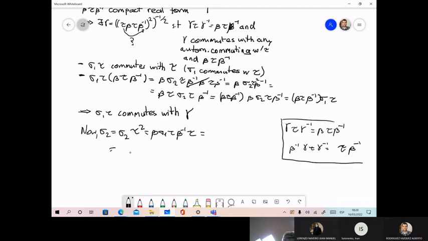So what we have now, beta sigma 1 tau, sorry, beta minus 1 gamma tau gamma minus 1. Maybe. Probably this is not what I was trying to do.